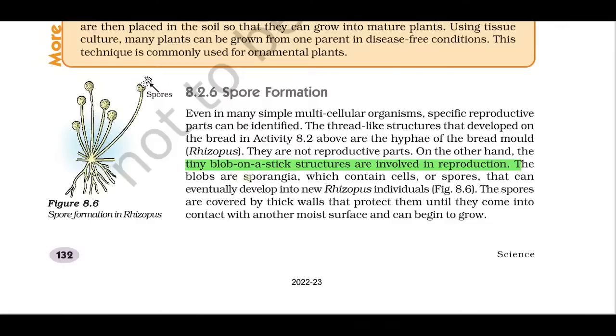The blobs are called what? Sporangia, which contain cells or spores that can eventually develop into a new Rhizopus. These spores are covered by thick walls that protect them until they come into contact with a moist surface and can regrow.